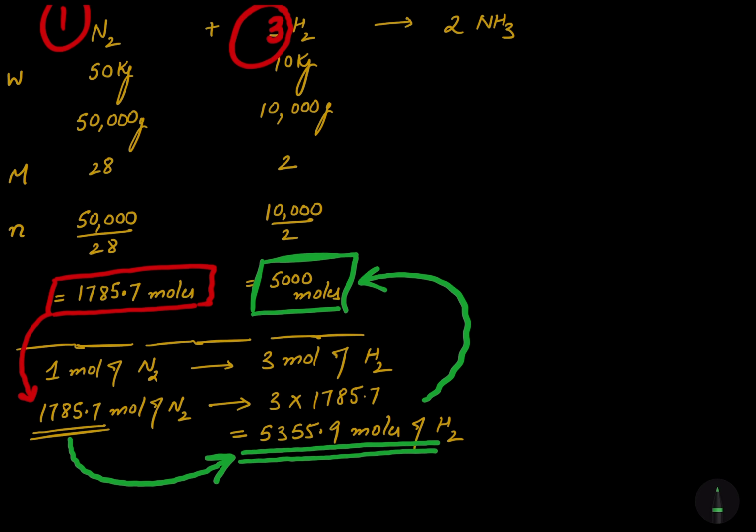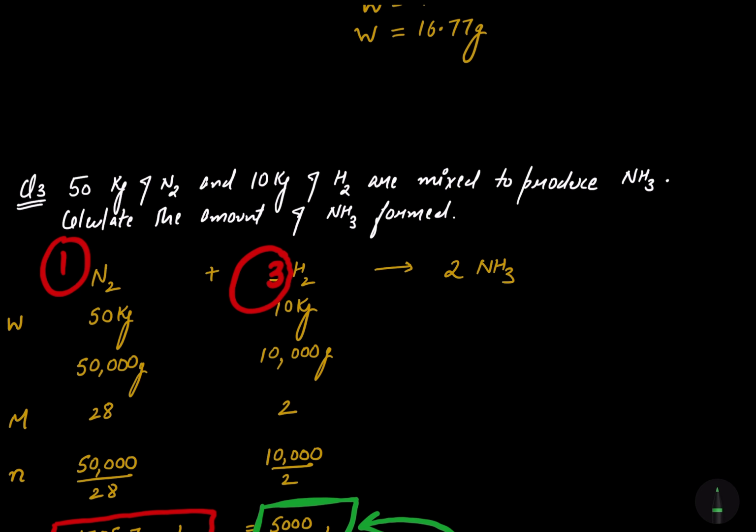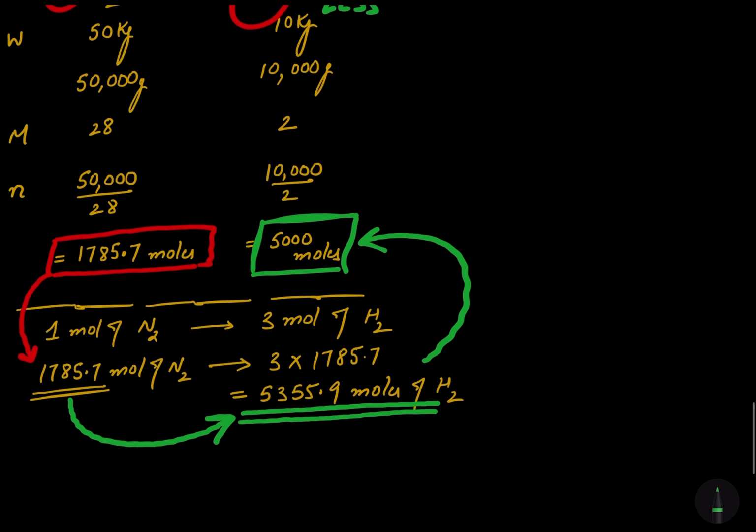We were required 5355 moles, but only 5000 moles were given. That means the quantity of H2 is less than what is required by 50 kilograms of N2. So my H2 is the limiting reactant, which will get consumed first and the reaction will stop.